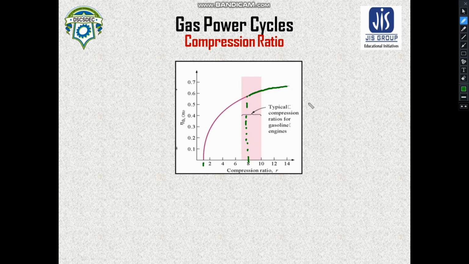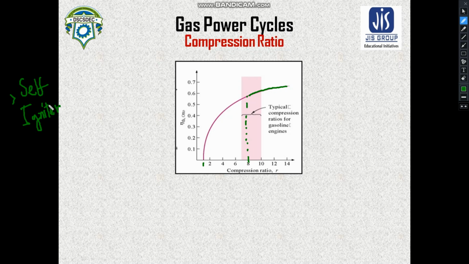So what happens actually? If you go on increasing the compression ratio, up to a certain extent, the temperature or the pressure which is being raised can be greater than the self-ignition temperature. We have already told you that there is an igniter present in this. The air fuel mixture is prepared at the carburetor, and from this carburetor, the air fuel mixture is entering the system.